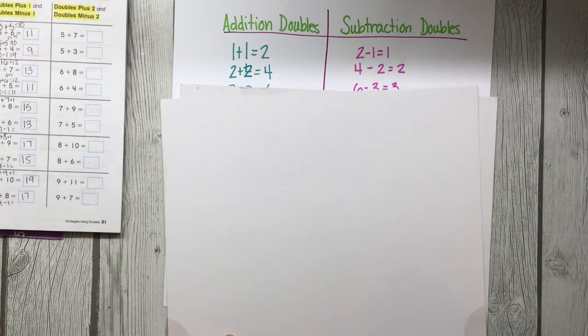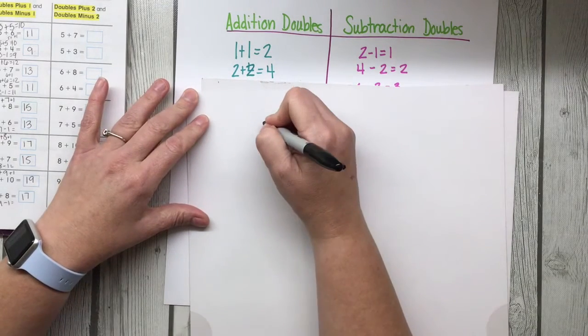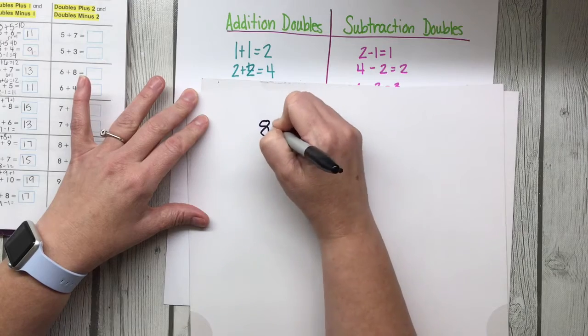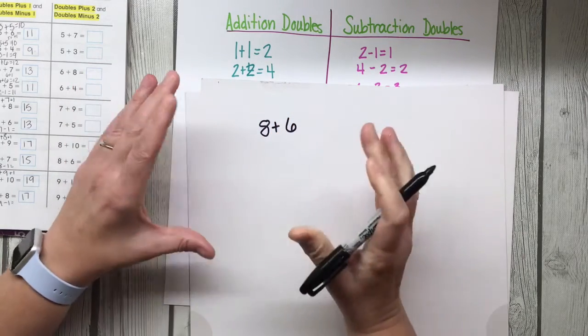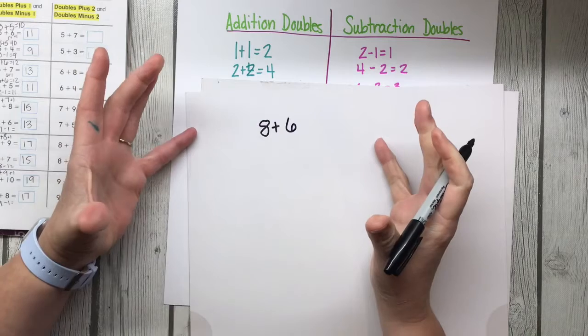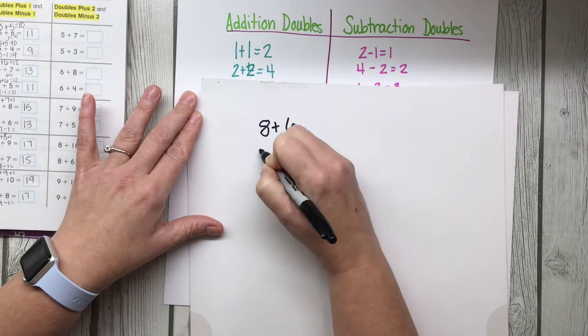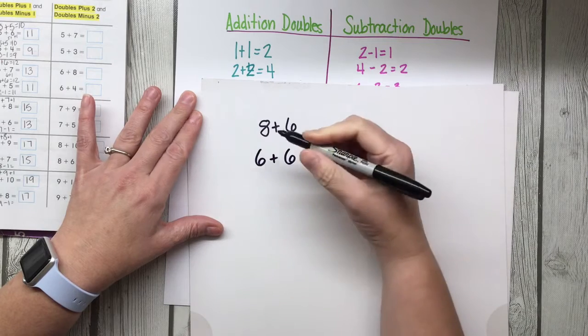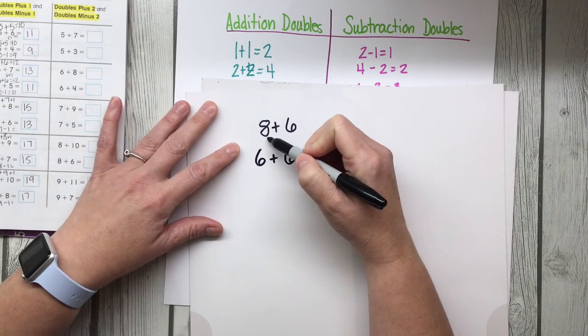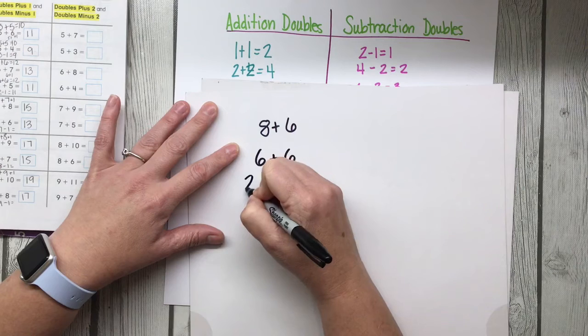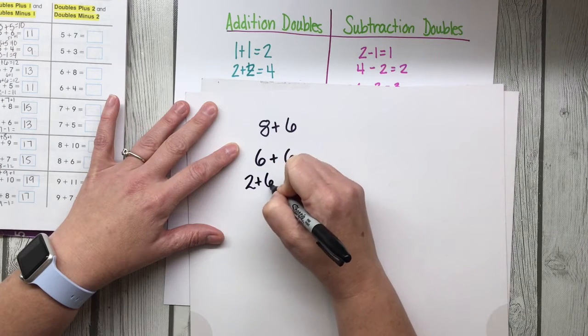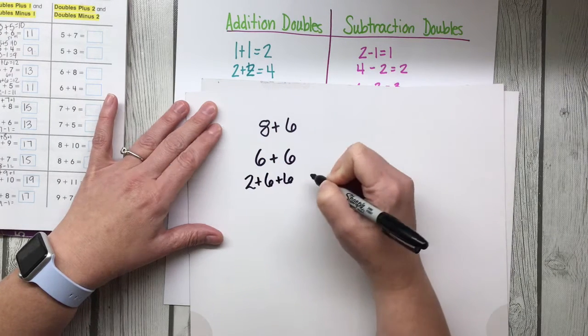All right, so if we have the equation of 8 plus 6, I don't know 8 plus 6, but I do know 6 plus 6. But I had to take away 2 from that to solve that. So really, I have 2 plus 6 plus 6.